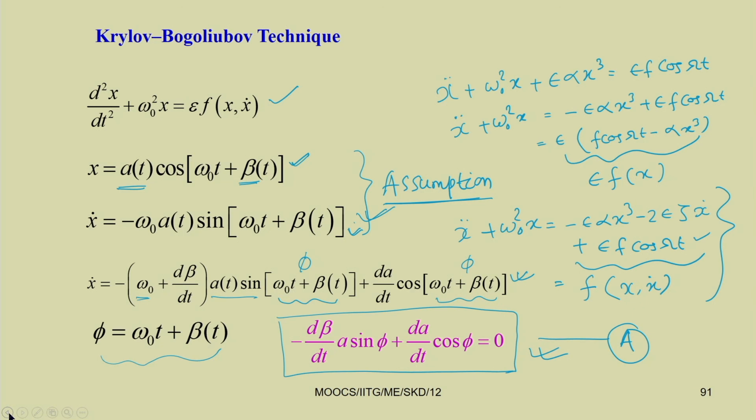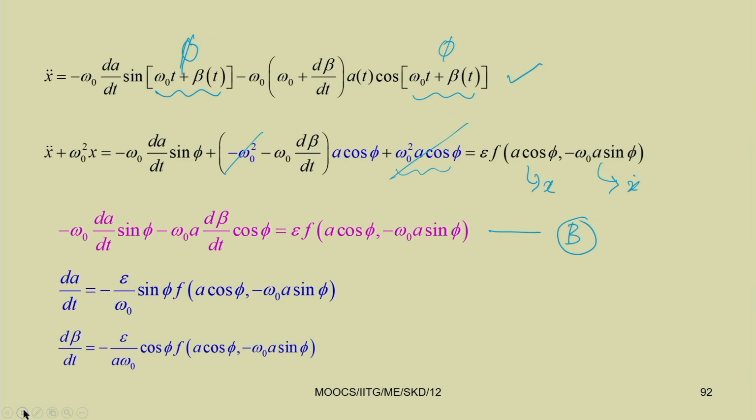The first: minus d beta by dt a sin phi plus dA by dt cos phi equal to 0. The other: minus omega 0 dA by dt sin phi minus omega 0 a d beta by dt cos phi equal to epsilon f cos phi minus omega 0 a sin phi.